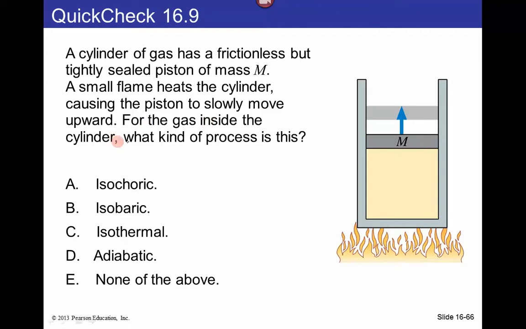For the gas inside the cylinder, what kind of process is this? Take a minute. Well, this is a constant pressure or an isobaric process, simply because this mass is not changing, remember, so the weight on the gas is constant, so therefore the pressure that the gas is exerting on this piston is constant too.